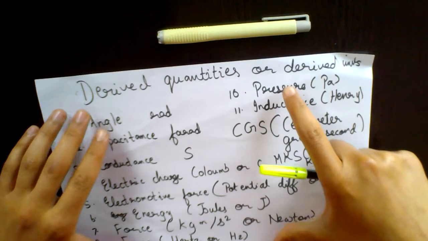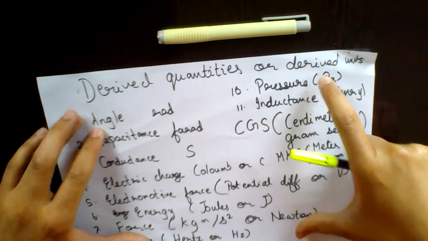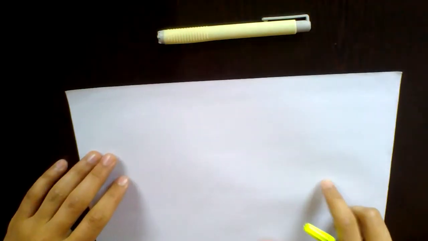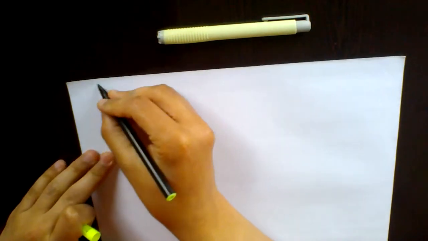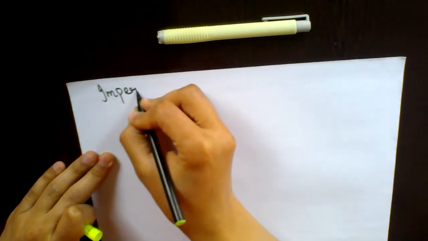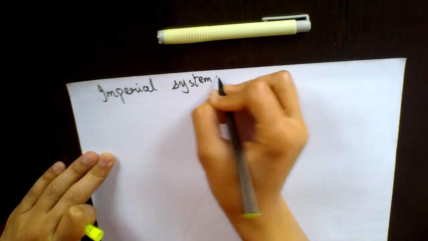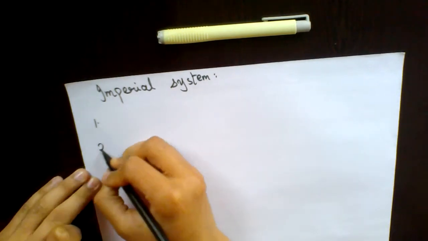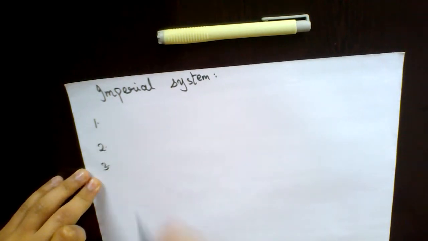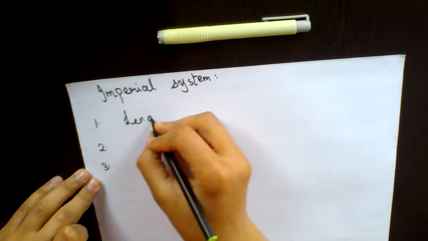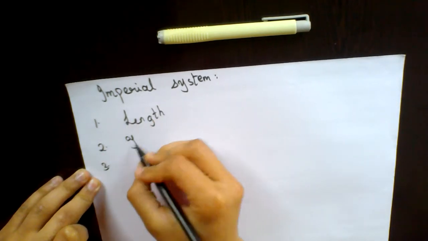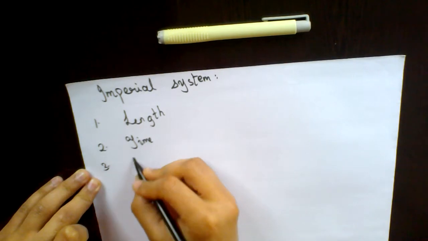So I'll give you a little detail on what the imperial system of units is. Okay, imperial system. Now, in this system, you have the 3 fundamental quantities like before, which are length, time, mass.